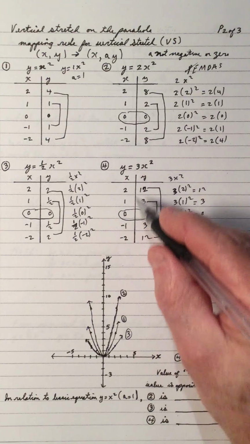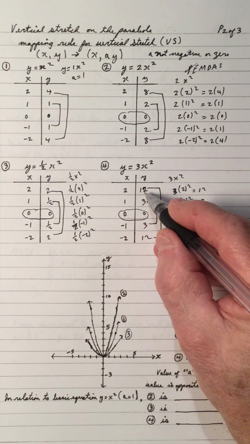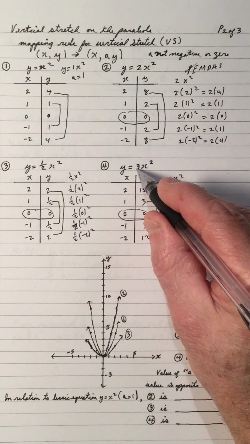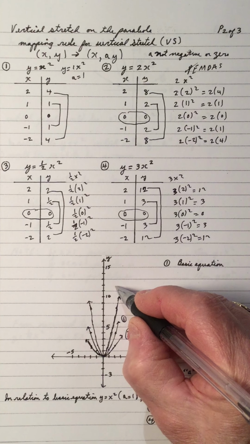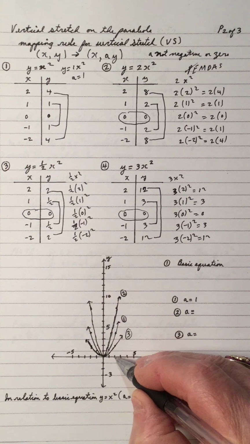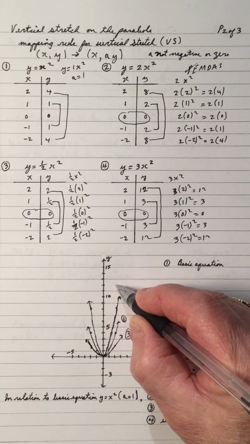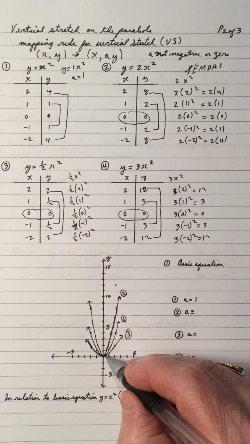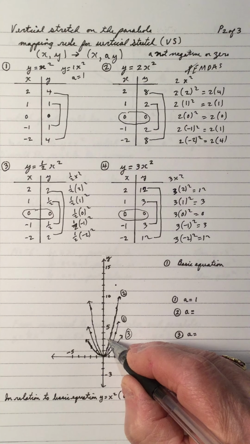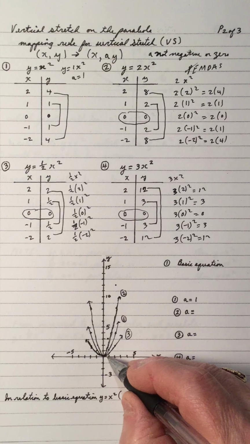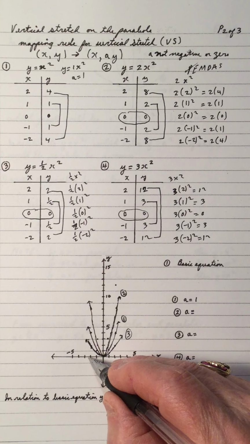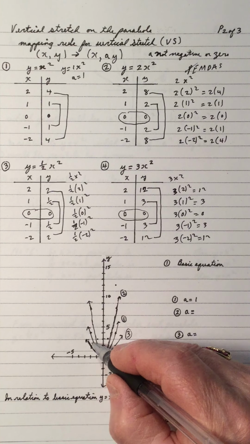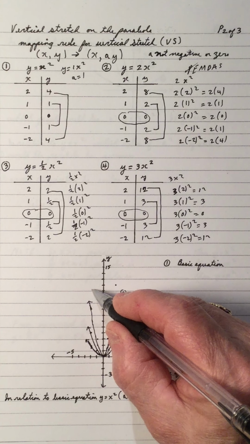And let's plot when 2 gives us a 12 when we have 3x squared. 2, 12, right there. 1 gives us a 3, right there. 0, 0. Negative 1 gives us a 3, right there. And negative 2 gives us a 12. Go way on up to a 12.